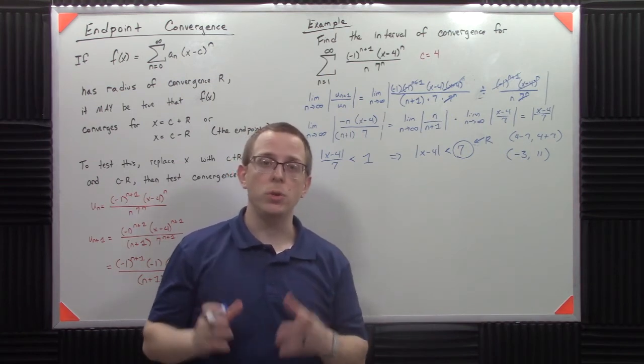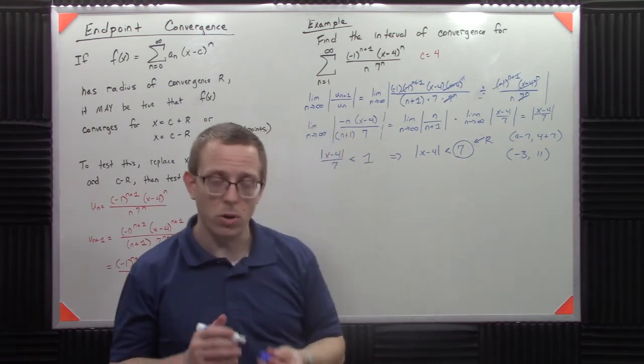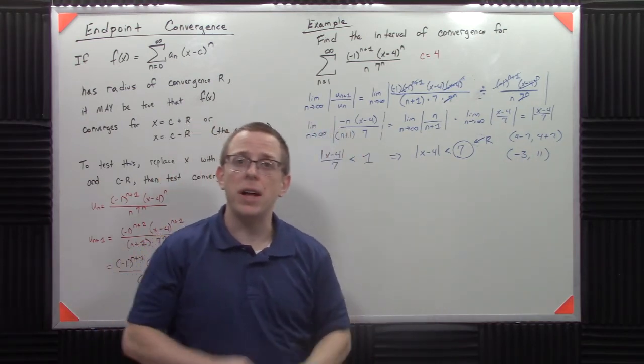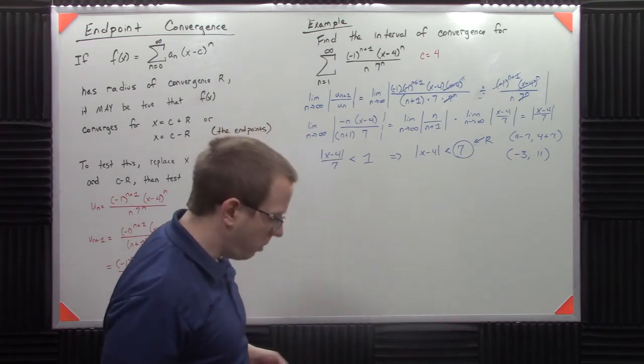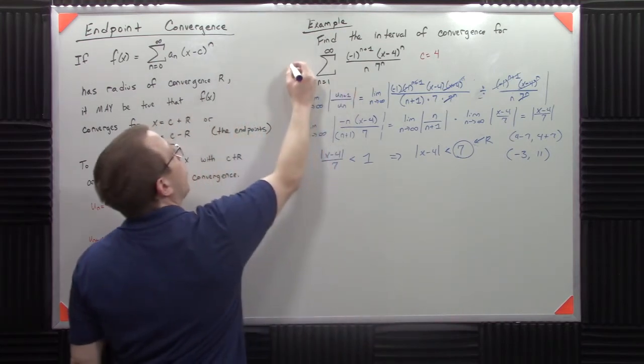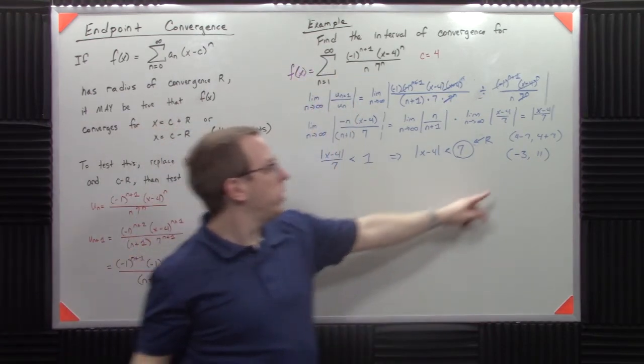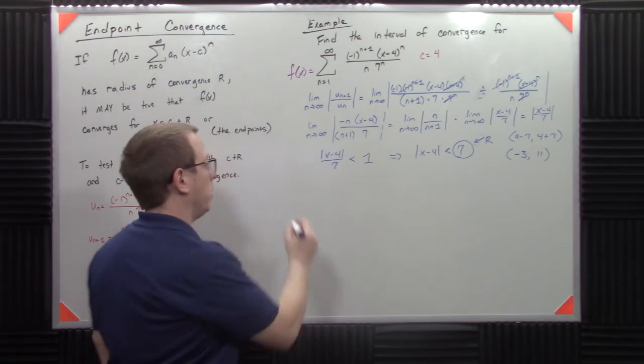But what we want to do is say, all right, well, does it actually converge at -3? Does it actually converge at 11? Well, let's find out. To do that, we want to actually plug in. So if we call this a function here, we want to take f of -3.